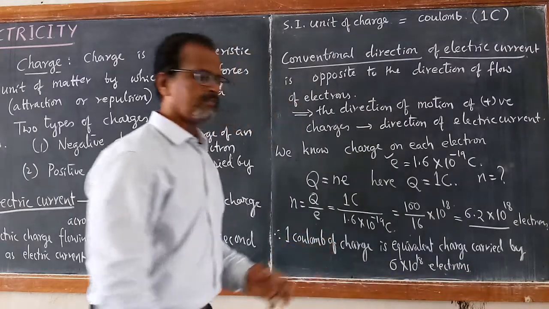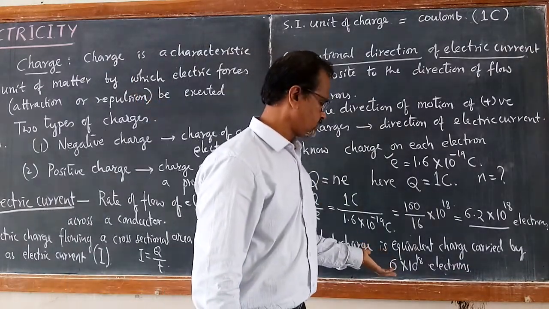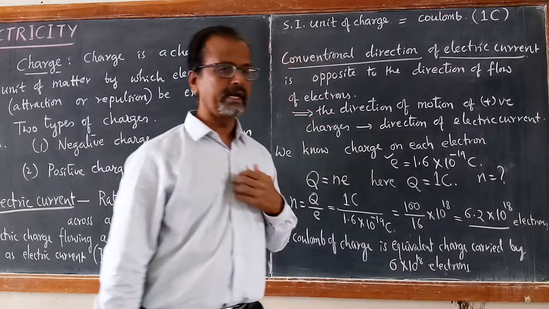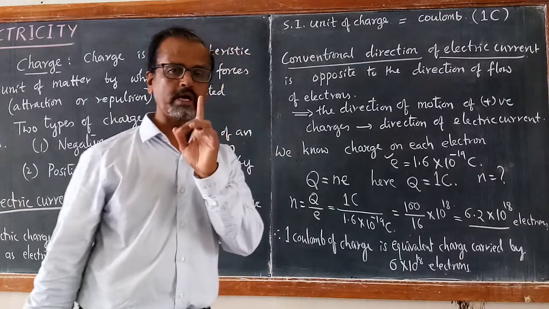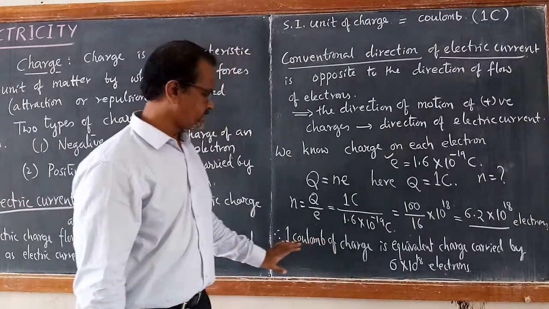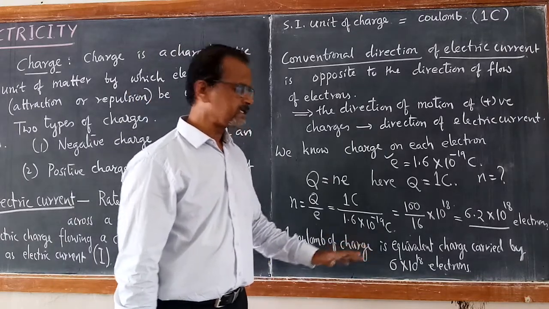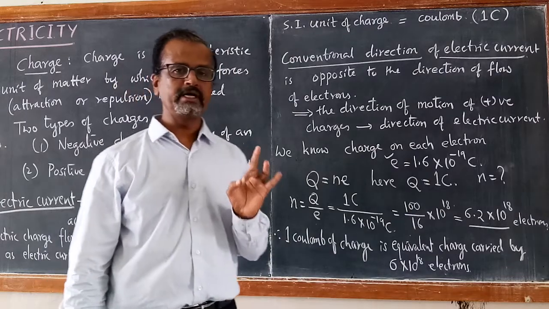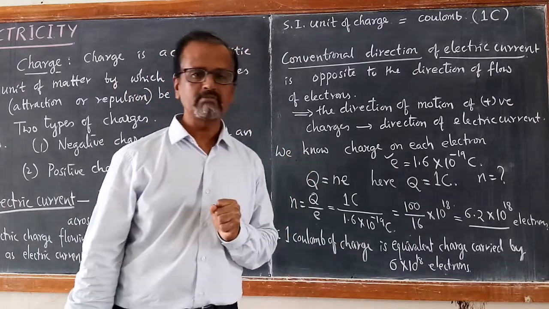If you want to have 1 coulomb of positive charge, then you can think of 6 into 10 raised to 18 protons together constituting 1 coulomb of positive charge. This is the meaning of the unit of charge. So 1 coulomb of charge contains 6 into 10 raised to 18 electrons. That is the meaning of 1 coulomb of charge.